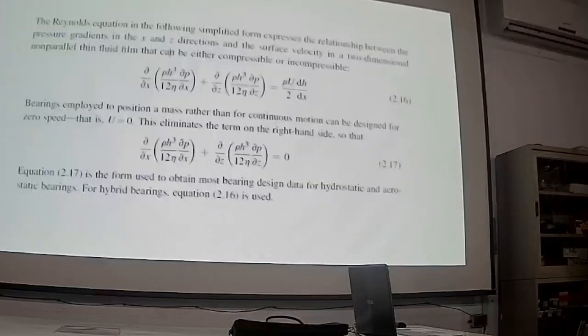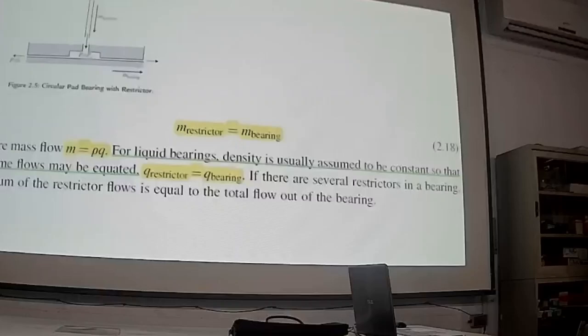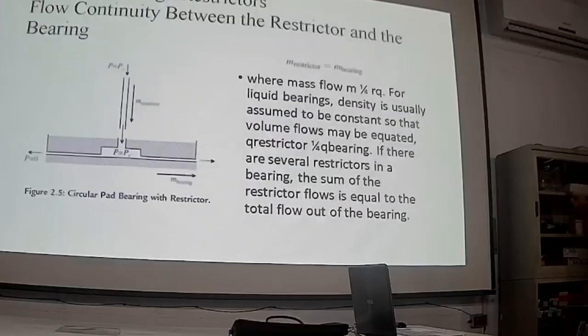We know the continuity equation. So the mass flow rate into the restrictor must equal the mass flow rate outside the bearing. So we already know this one. Now we calculate the mass flow rate in different types of restrictor.